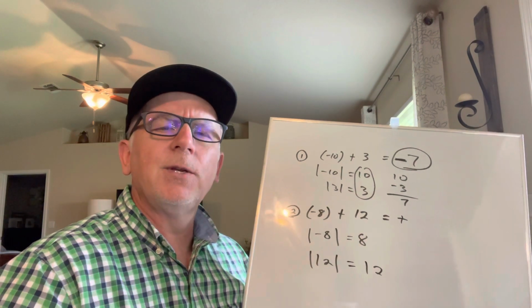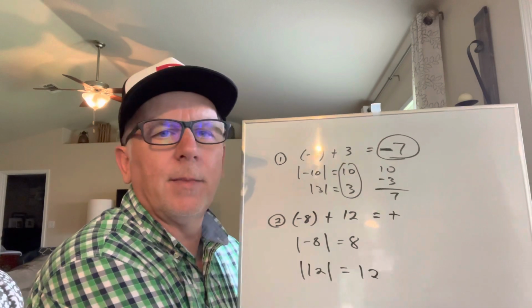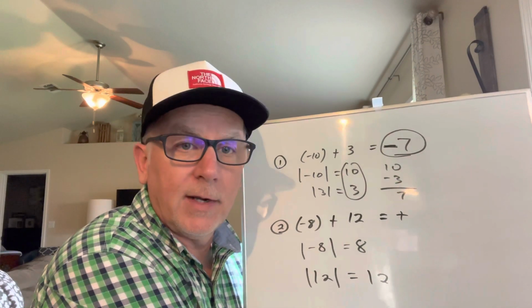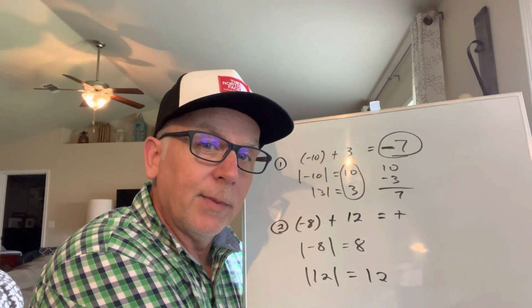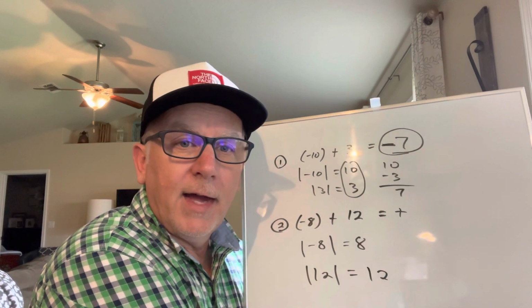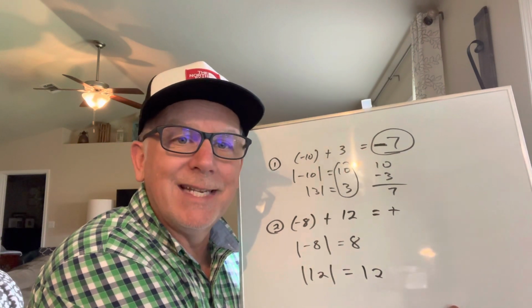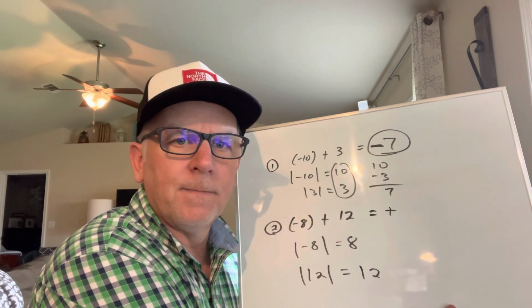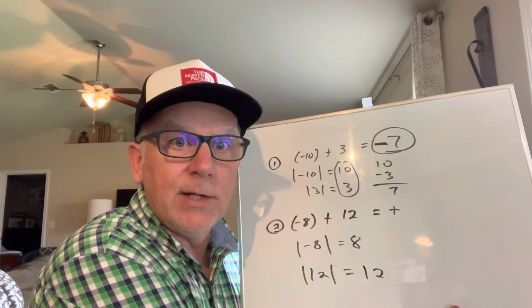When we say absolute value, we're talking about the positive value of the number. So the absolute value of a positive number is a positive number, and the absolute value of a negative number is the positive of that number. Technically, absolute value is a number's distance from 0. So negative 8 is 8 spaces away from 0.